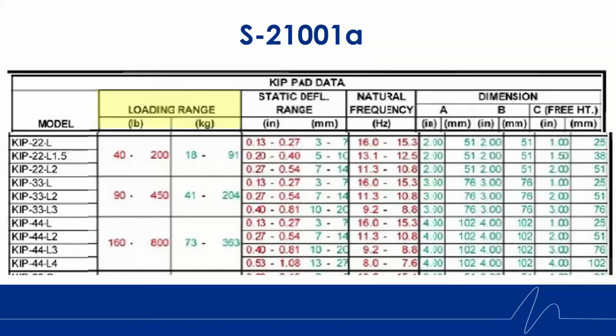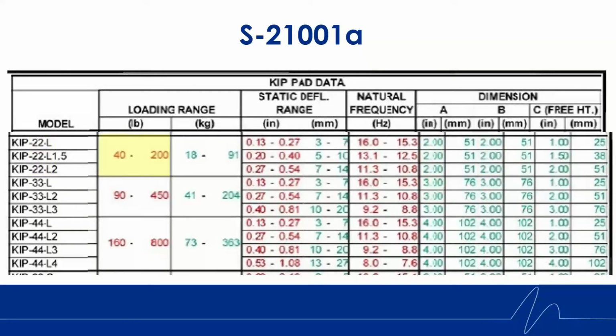Let's check out the loading range. Here we can see that the first 3 models share the same loading range, and that is because the surface area and glass density are the same. They all share 4 square inches that are 2 by 2.